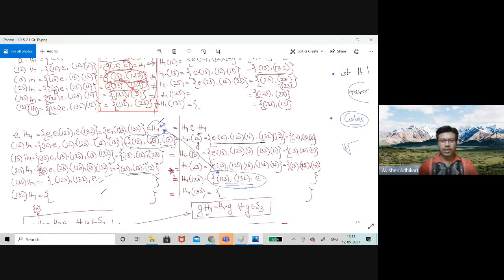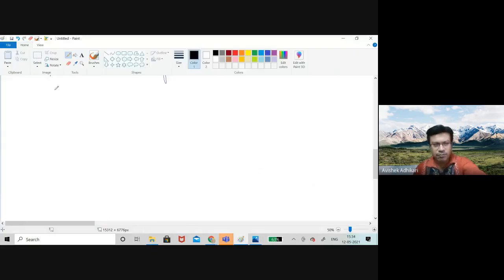You have one way of checking this, but you can also check with all elements of G and all elements of H. That will be mostly required while proving some other theorems that will come into play maybe after a few classes. But for the time being, let us have a look at another very important result, which says: let G be a group, and H be a subgroup of G.